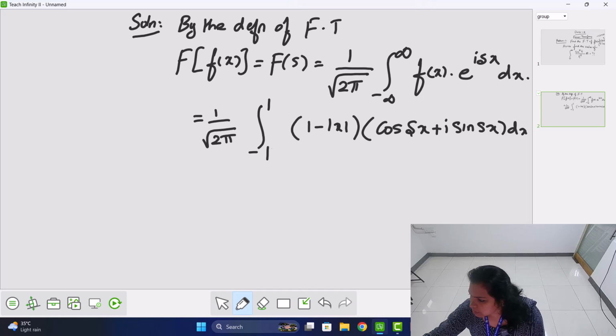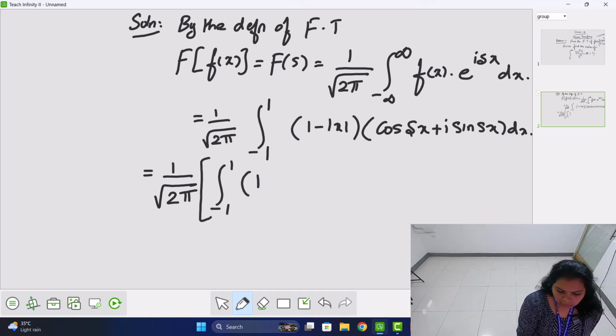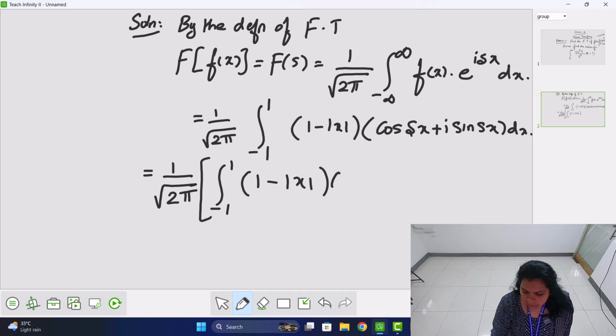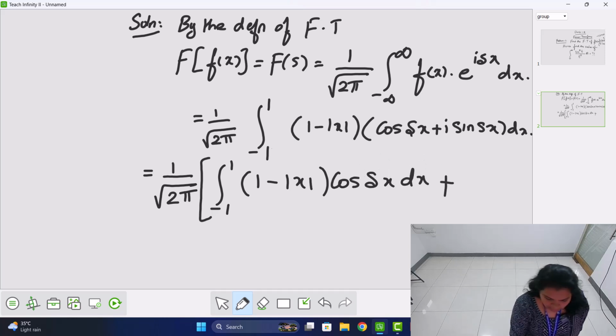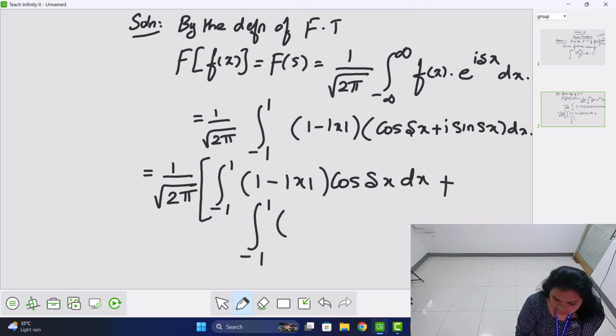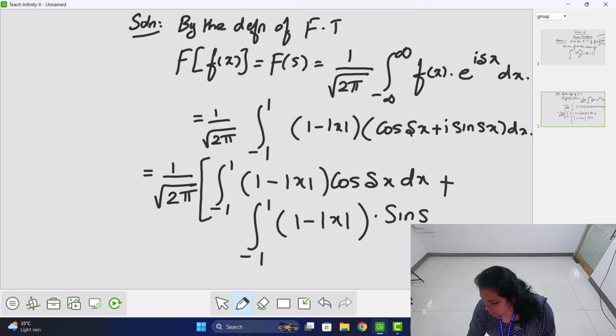So we split into two integrals: integral from minus 1 to plus 1 of (1 minus mod x) cos sx dx, plus integral from minus 1 to plus 1 of (1 minus mod x) sin sx dx.